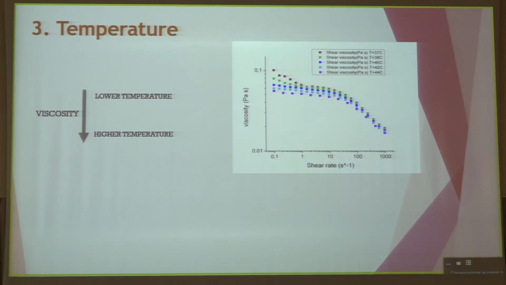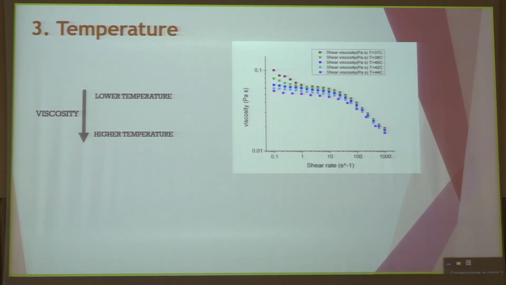We are also studying the effect of temperature on the hyaluronan viscosity with the help of the Department of Chemical Sciences. And in this graph, we have the viscosity of the hyaluronan in a range of temperature from 37 degrees to 44 degrees.